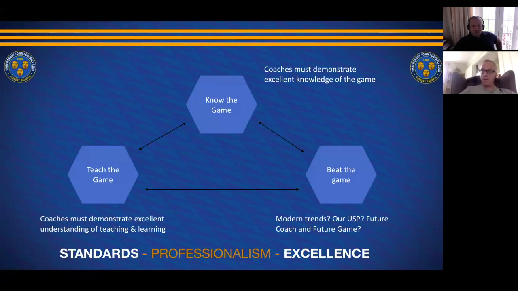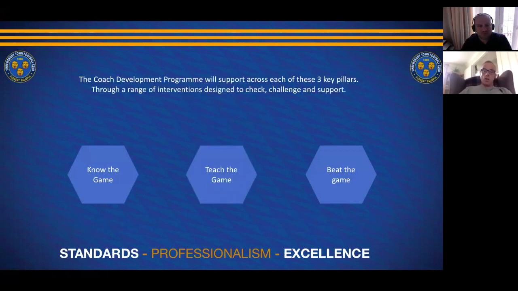Does that make sense? Yeah, so they sort of underpin what we do. And this literally has been introduced to coaches over the last sort of 6 weeks, 2 months. So the coach development will fit across those, and the interventions we use will fit into one of those three sort of core areas, if you like.